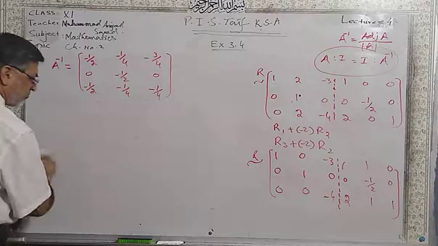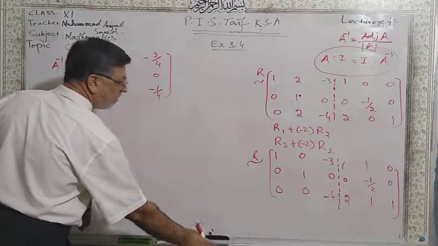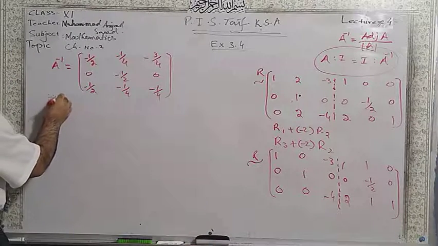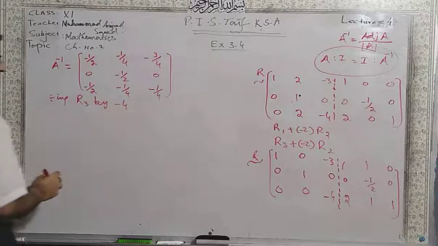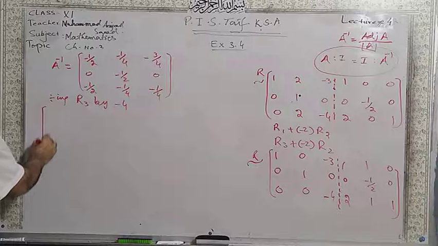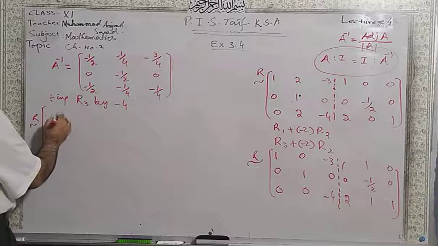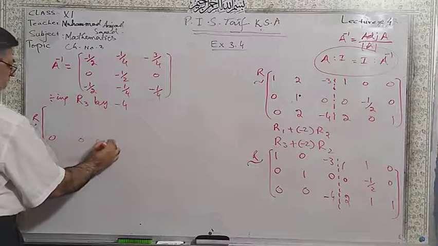Dividing R3 by minus 4, and we are left with 0 0 1.